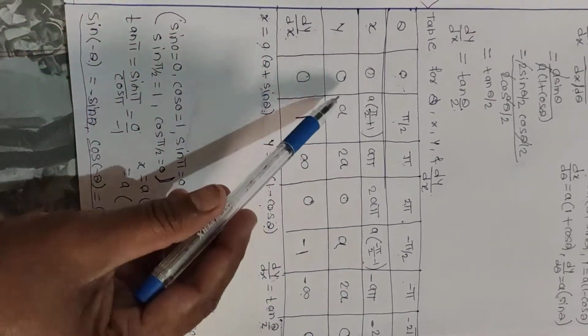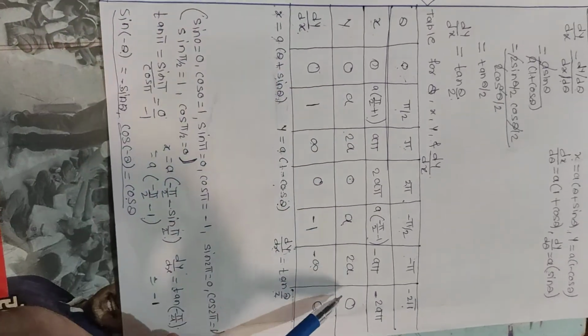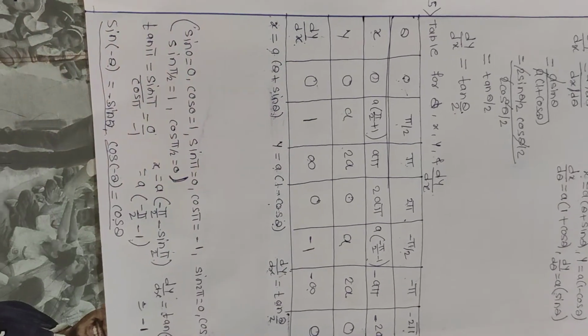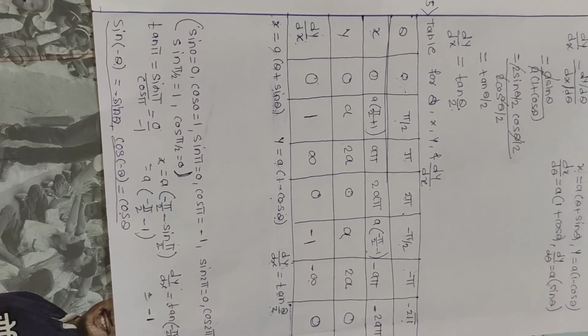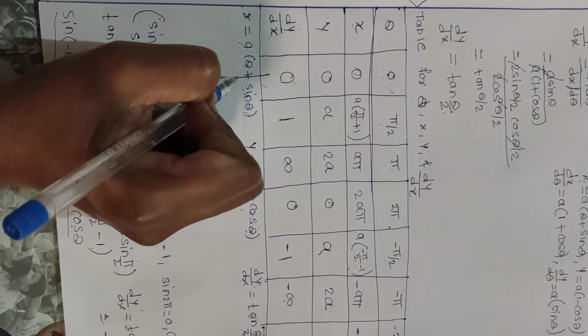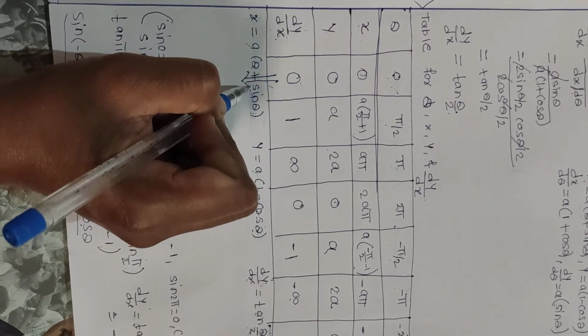After that, we have to write a conclusion. How to write it? We write whether the tangent is parallel to the x-axis or y-axis. If dy by dx is 0, what is the conclusion?